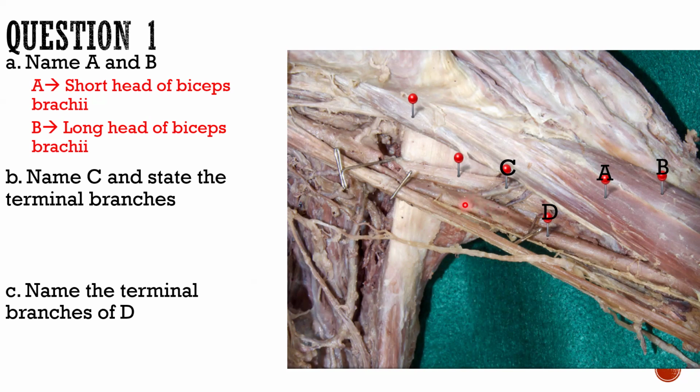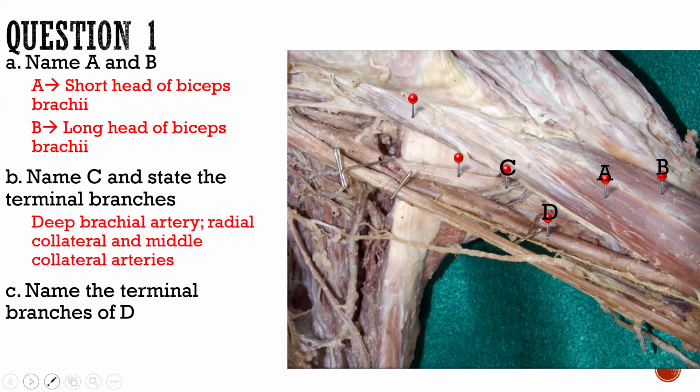The brachial artery. So this branch here, you can see it's a branch from the brachial artery, and it is following this nerve. This nerve here is the radial nerve. So this artery over here, which follows radial nerve, that's your deep brachial artery, also known as the profunda brachii artery, and the terminal branches of that artery are 2, the middle and the radial collateral arteries.